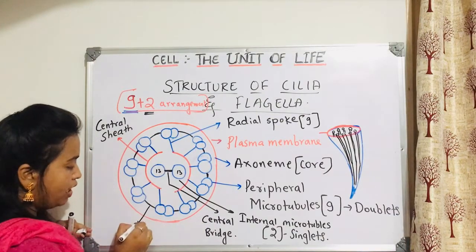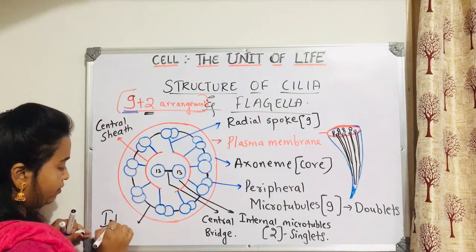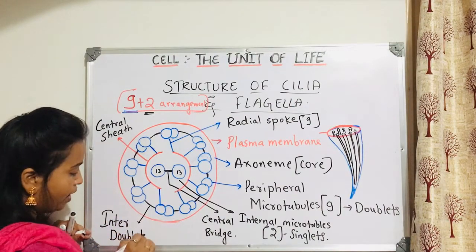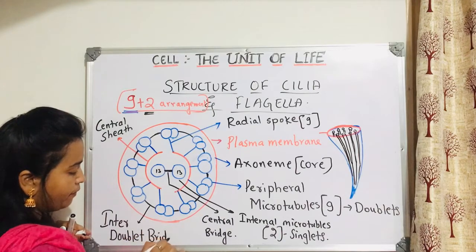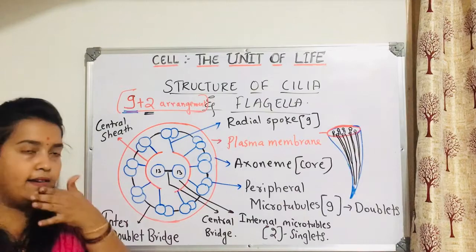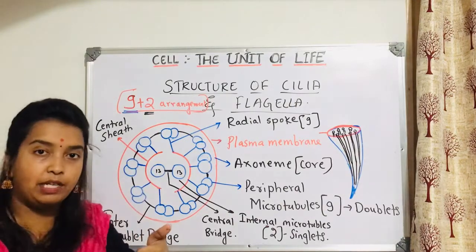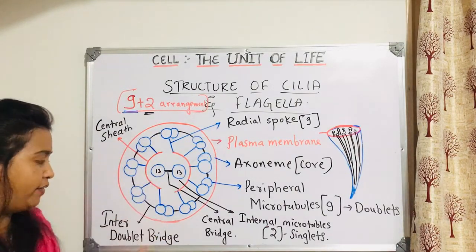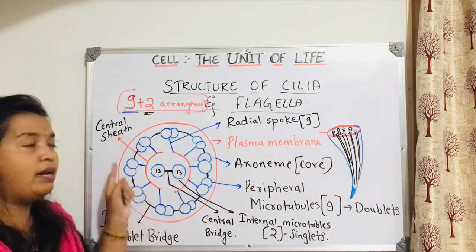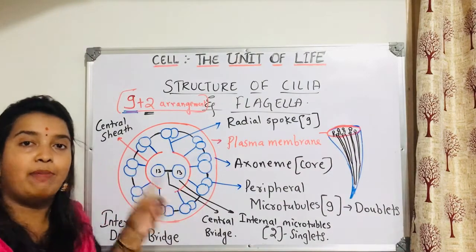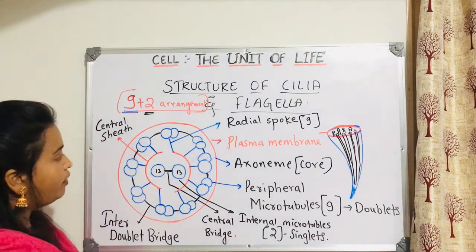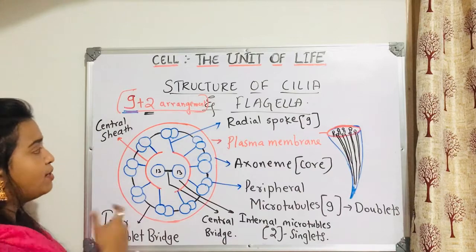These things are called the inter doublet bridge. How many bridges have we studied here? The central one is called the central bridge. Doublets are connected with doublets by the inter doublet bridge. And the peripheral microtubules are connected to the central sheath by radial spokes. These 3 things are clear.